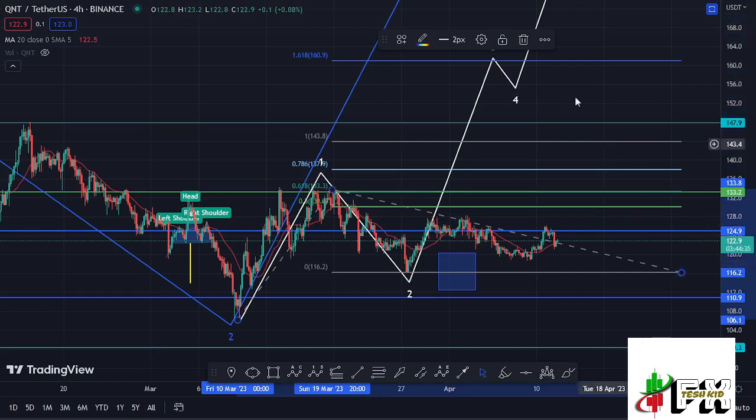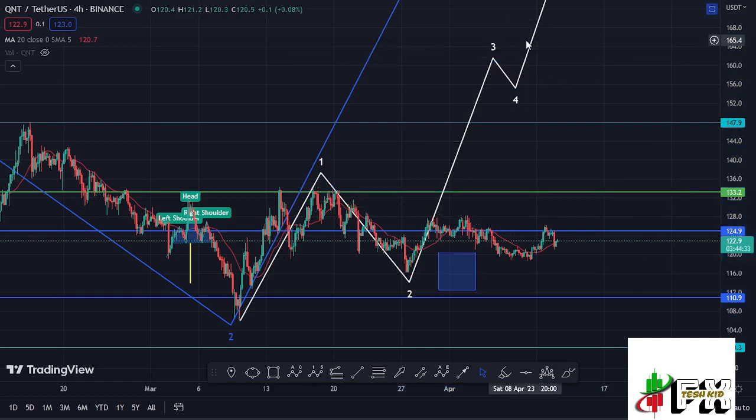And for that move to also play out, we need to continue holding above the 20-day MA, both on the 1-hour chart and also on the 4-hour chart, and also see a break above our key area of resistance at around the $124.9 mark.